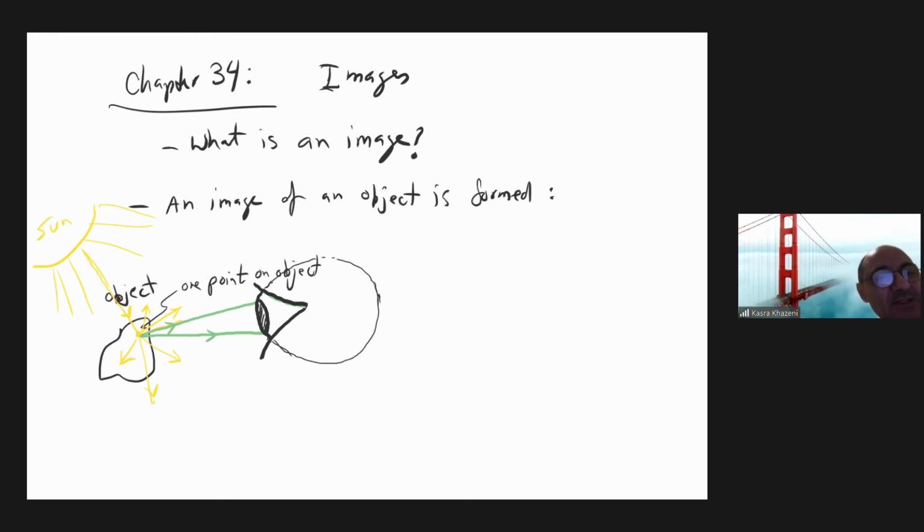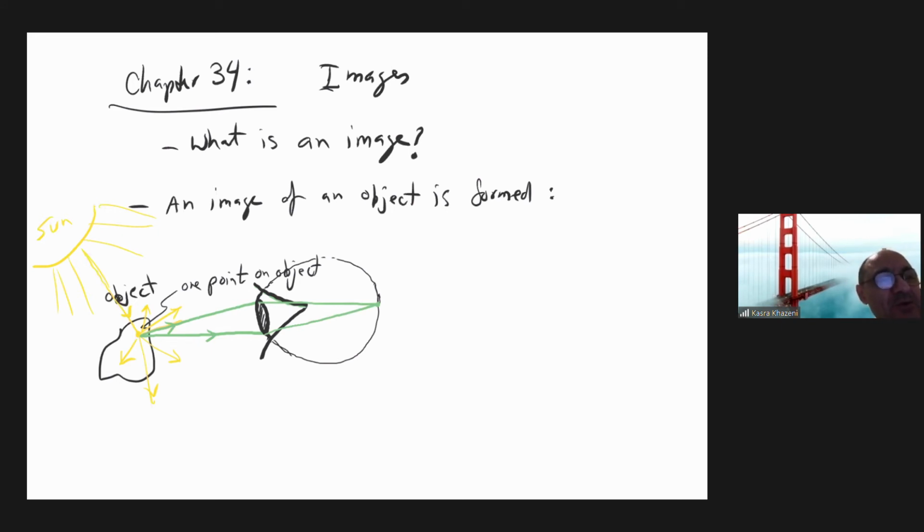The lens of my eye will bend those two beams and bring them back down somewhere on my retina. So you can see one point on the object was completely mapped onto one point on my retina.